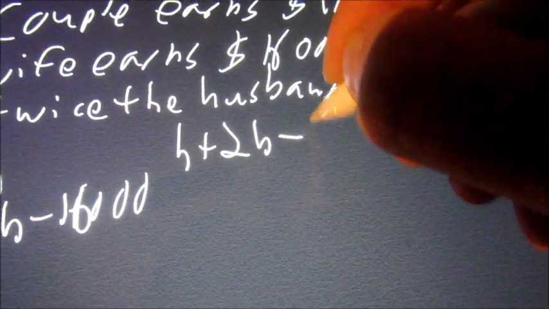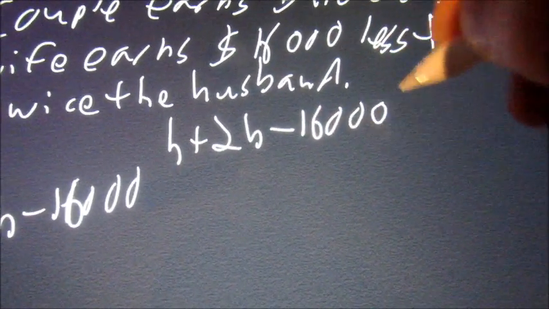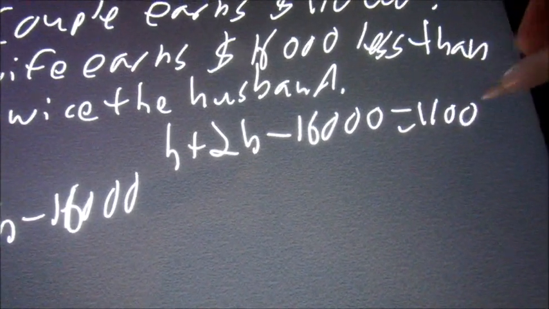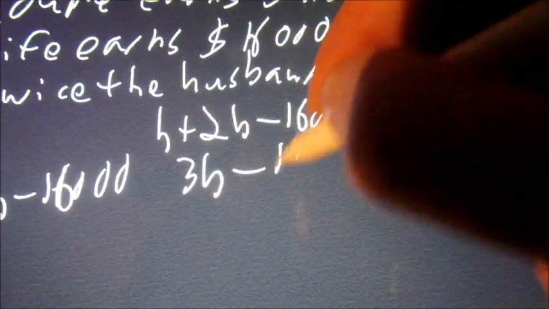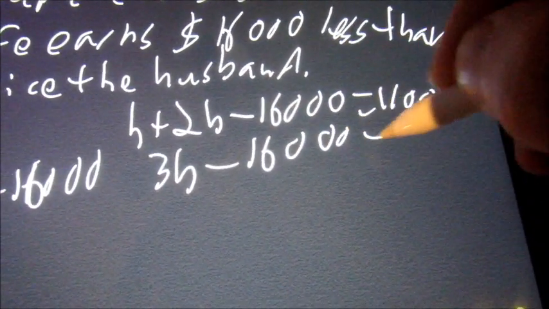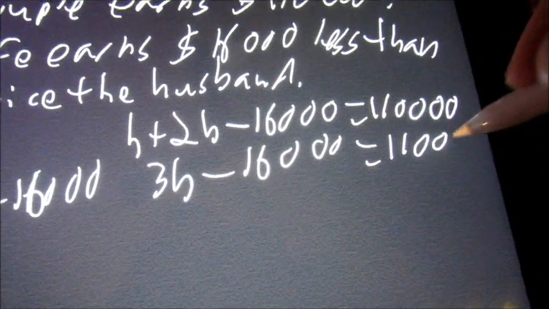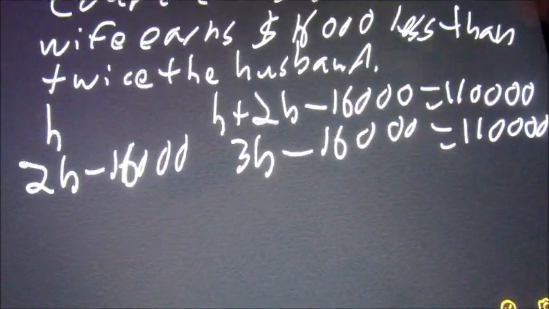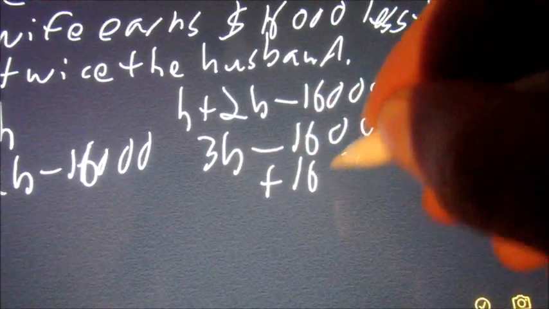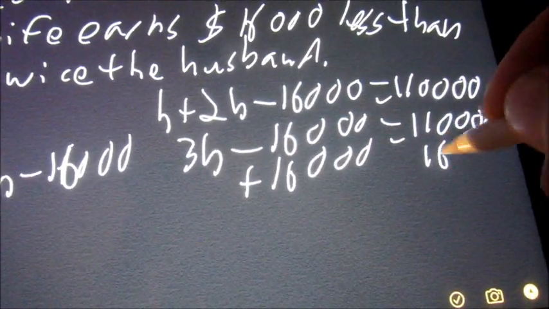So I'm going to say H plus 2H minus 16,000 equals 110,000. Combine like terms and we get 3H minus 16,000 equals 110,000. Now because I'm subtracting here, that means I'm going to add 16,000.